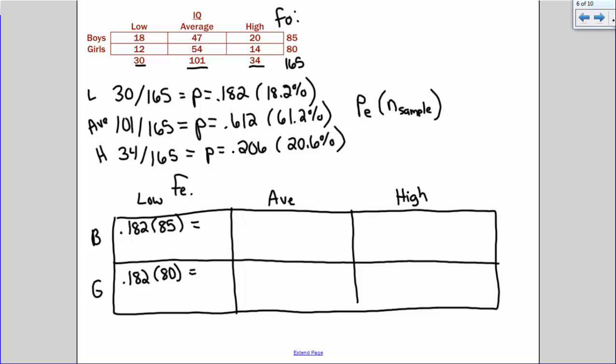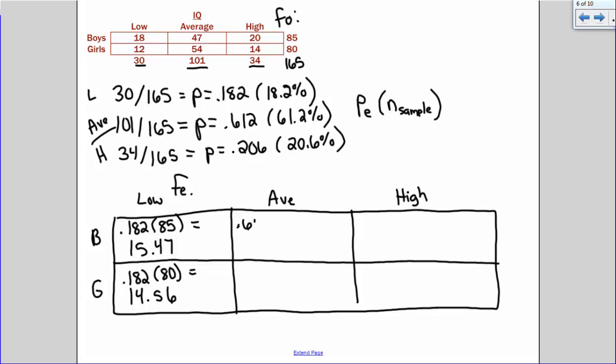So under the null hypothesis, we would expect that 15.47 boys would have a low IQ and 14.56 girls would have a low IQ in our sample. Now we need to figure out what is 61.2% of the boys and 61.2% of the girls based on the average IQ.